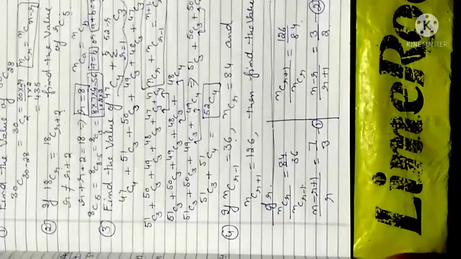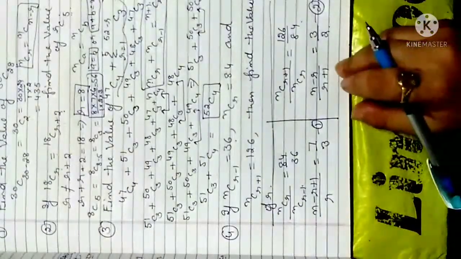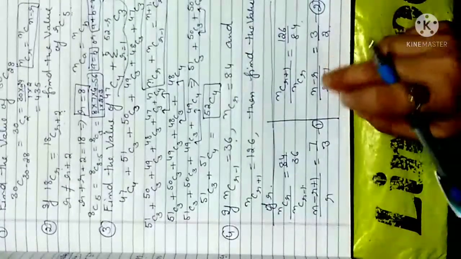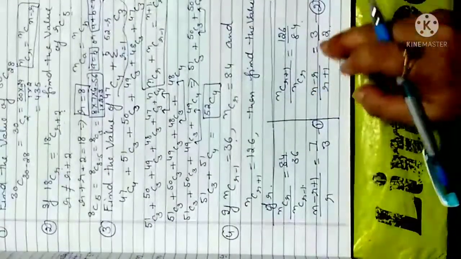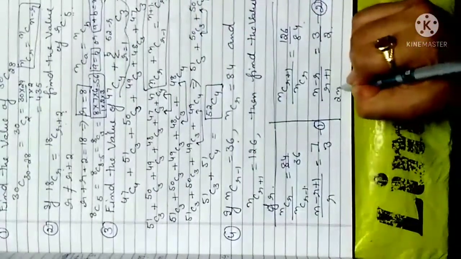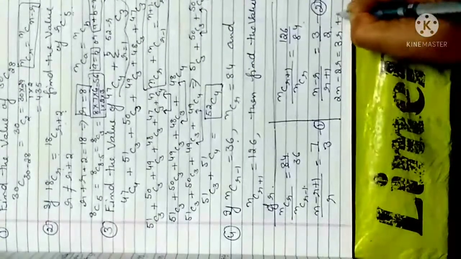Okay, when you solve the second equation, N minus R over R plus 1, by cross multiplying, 2N minus 2R is equal to 3R plus 3.